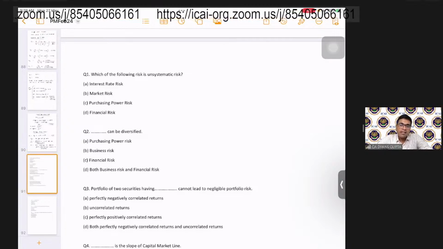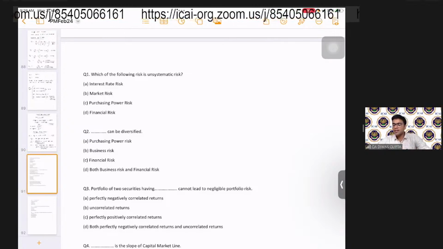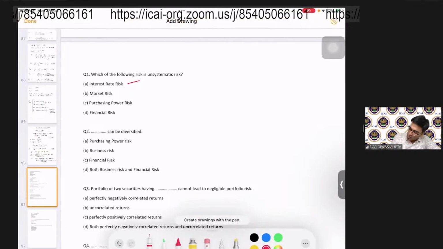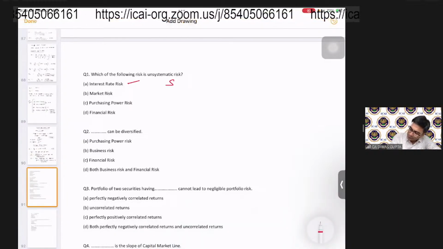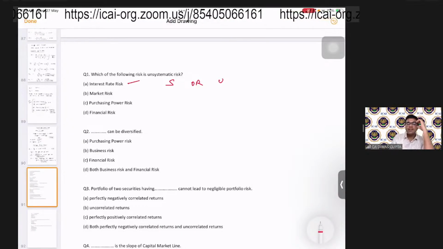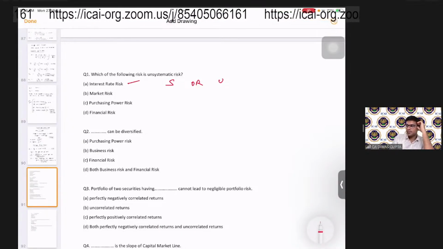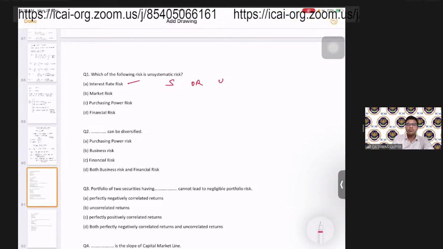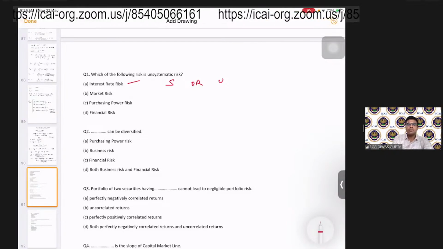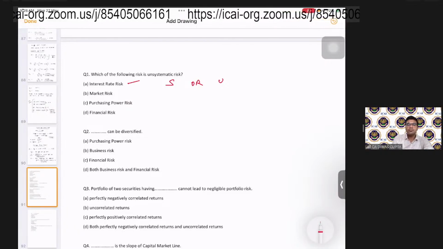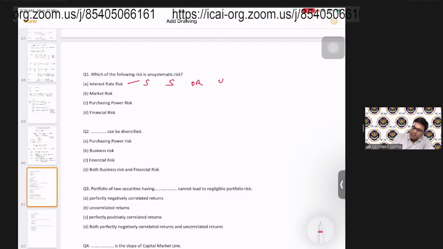Interest rate risk, is it a systematic risk or an unsystematic risk? Systematic or unsystematic? It is a systematic risk.